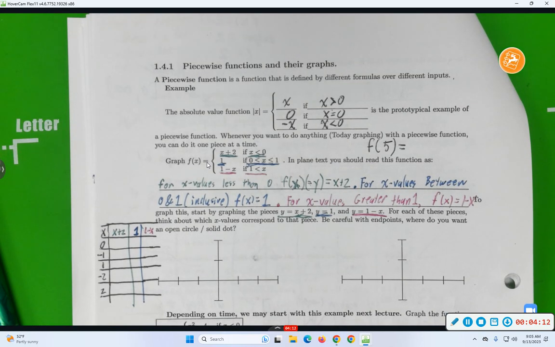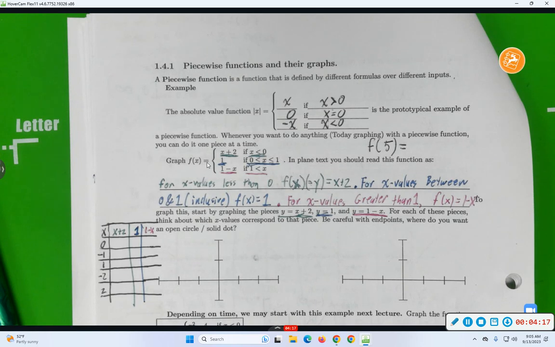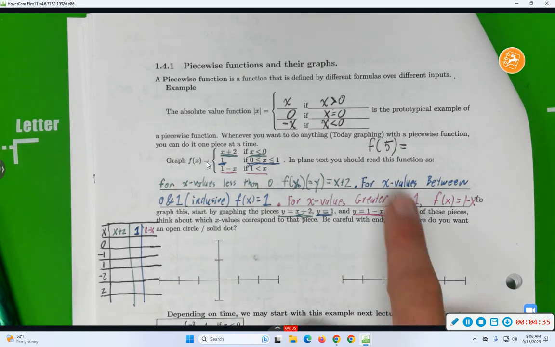Well, alternately, just what is f of 5? Let's see which of the buckets the value 5 falls in.